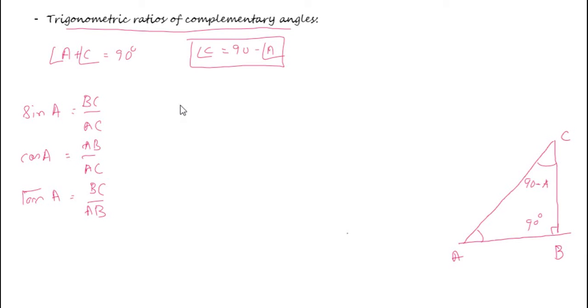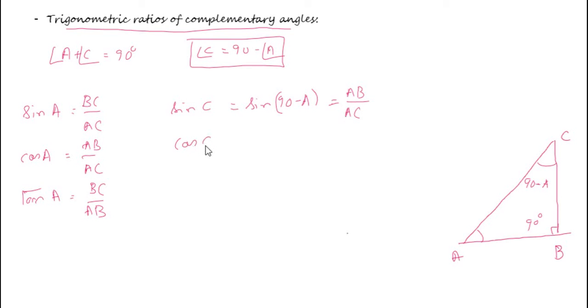Now let us take angle C. Now sin C, angle C is nothing but also sin 90 minus A, because C equal to 90 minus A, that is for angle C opposite side is AB, therefore that is AB by AC.